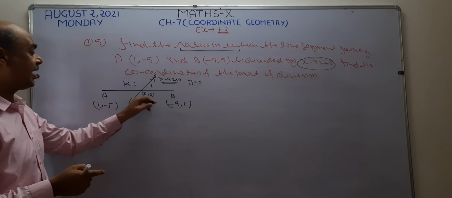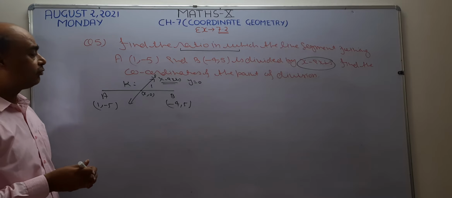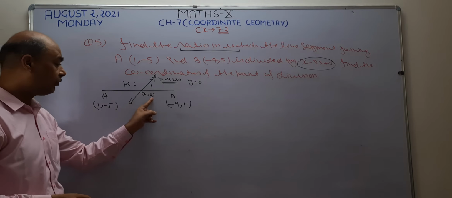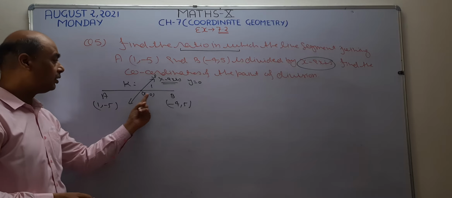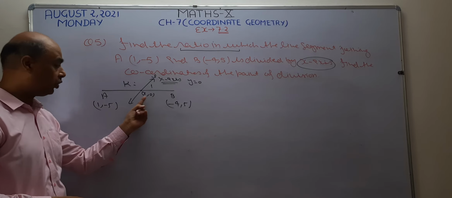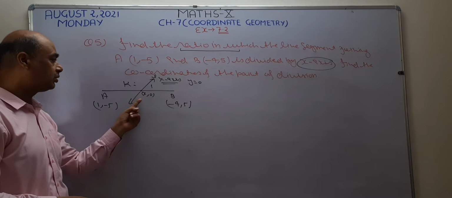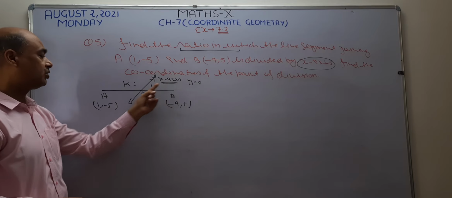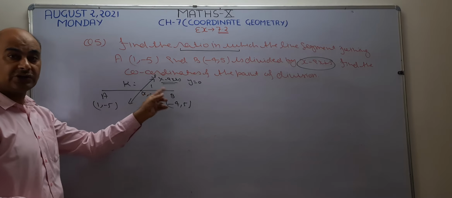So the coordinates become x and 0. If this line were the y-axis, then the coordinates would become 0 and y, not y and 0. On the y-axis we take the value of y, so y lies here, not here. So the coordinates on the y-axis become 0 and y. But this is your x-axis, so the coordinates become x, 0. I hope it is clear now.